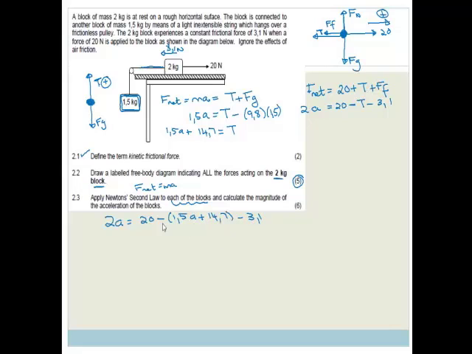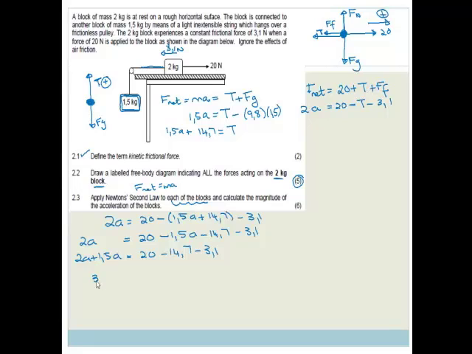So now I'm going to get everything that is an A onto one side, and everything that's a number is going to stay on the other side. So this becomes 2A is equal to 20, let's multiply out this bracket first, minus 1.5A, minus 14.7, minus 3.1. Take that across, it becomes 2A plus 1.5A is equal to 20 minus 14.7 minus 3.1.